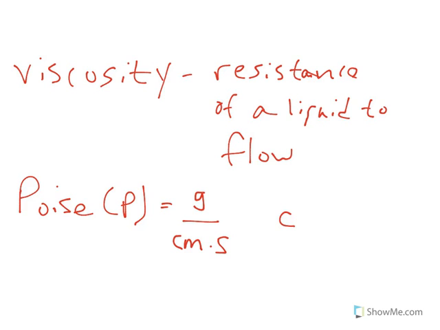It is more conveniently expressed in units of centipoise. All right, so this is just poise, 10 to the minus 2 there, kind of like a meter and a centimeter, of course. So centipoise is a handy unit to measure viscosity in.